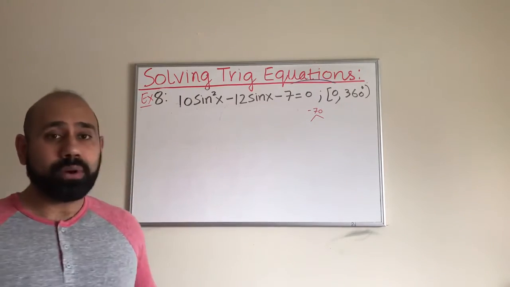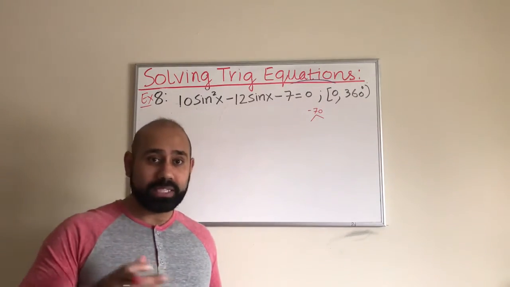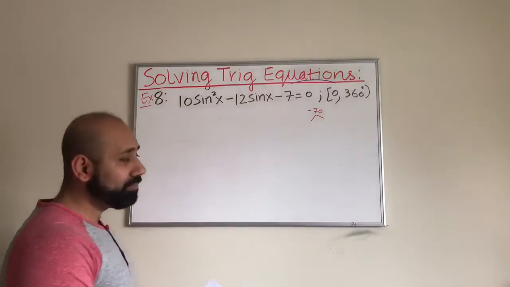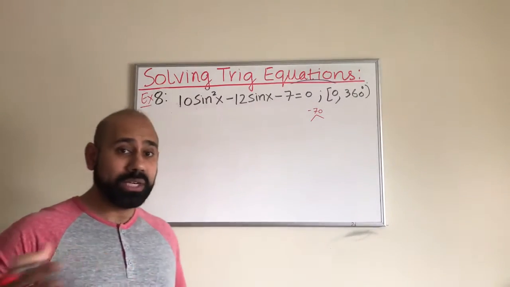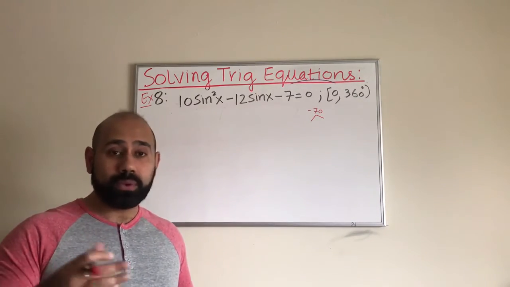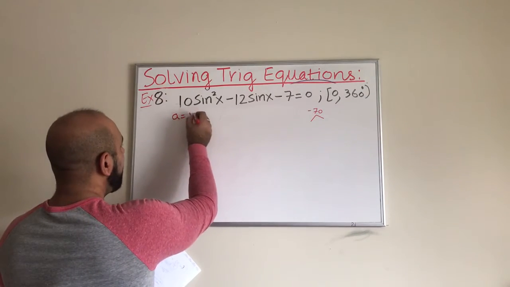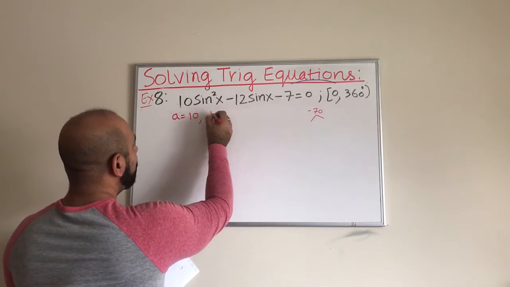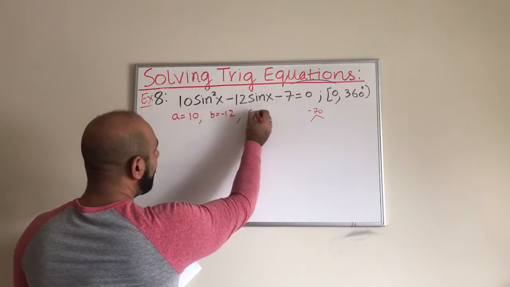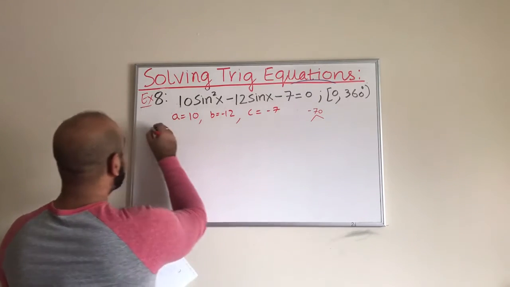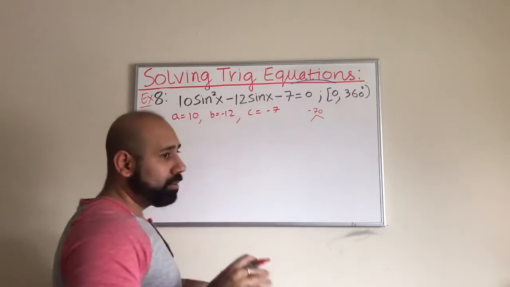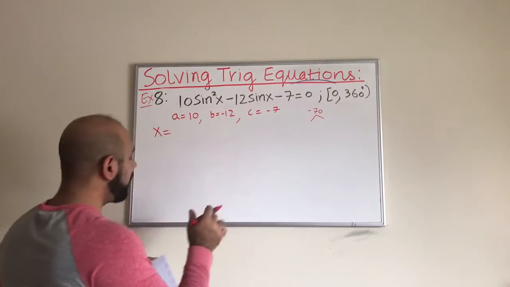To use the quadratic formula, let me quickly remind you the basic steps. Step number 1 is to identify the a, b, and c, because those are the three quantities required for the quadratic formula. So a would be positive 10, b would be negative 12, and c is negative 7. First, I'm going to write the general form of the quadratic formula.